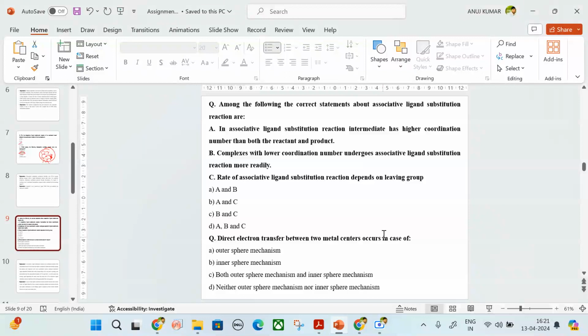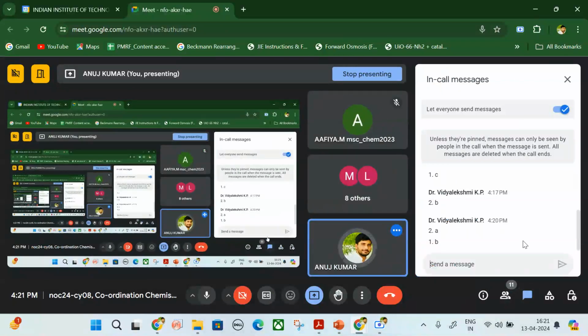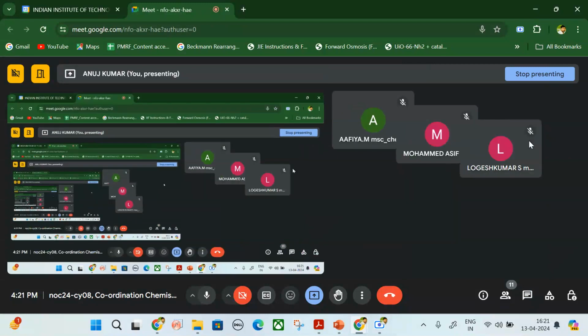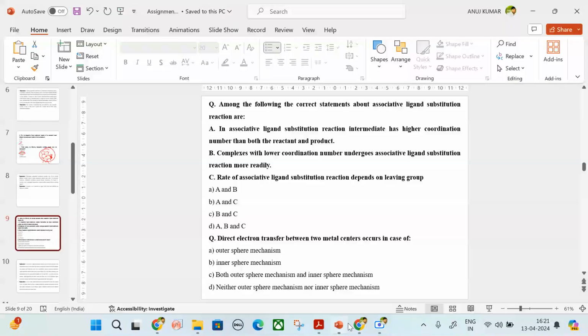Okay, so I got the answer. That is, for second it is A, and for first it is B. Okay, so anybody else wants to give answer other than this?